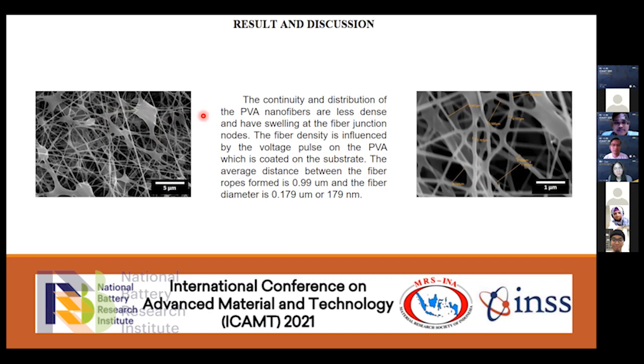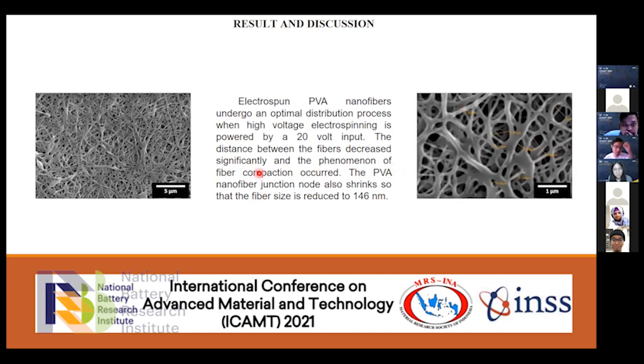The average distance between the fiber ropes is 0.99 micrometers, and the fiber diameter is 0.179 micrometer or 179 nanometers.